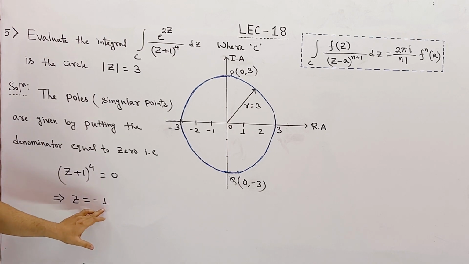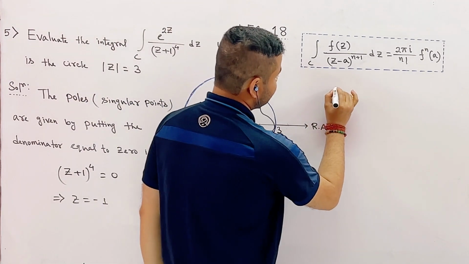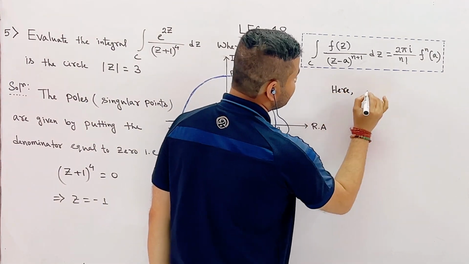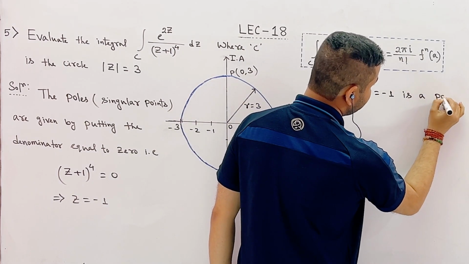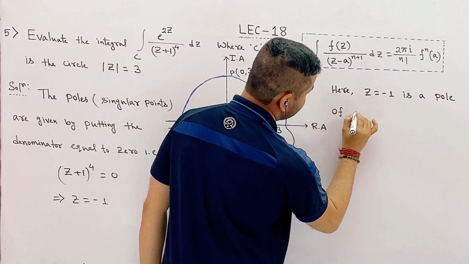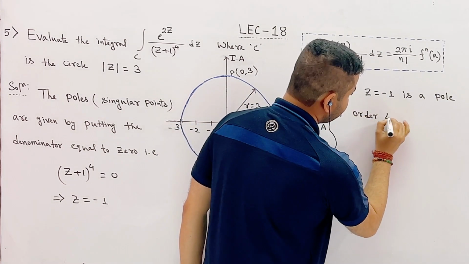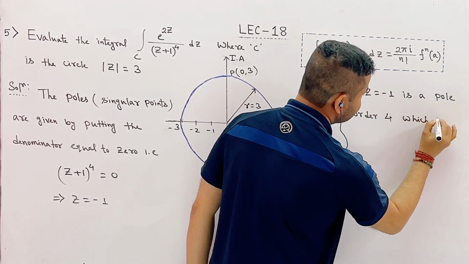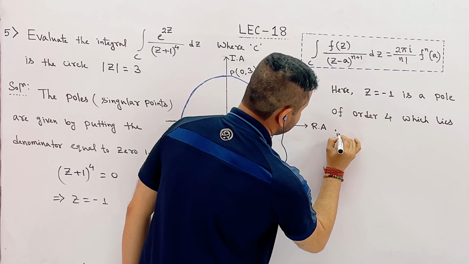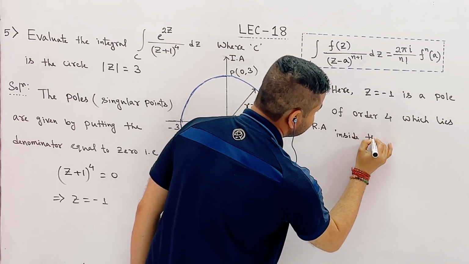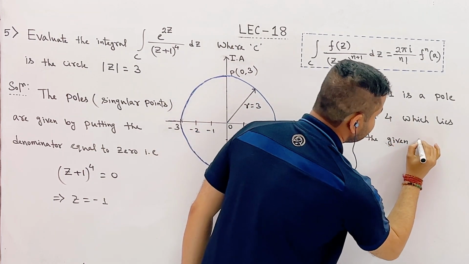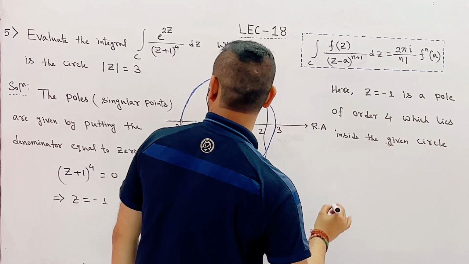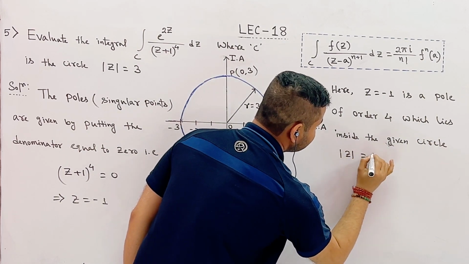Here z equal to minus 1 is a pole of order 4, which lies inside the given circle modulus of z equal to 3.